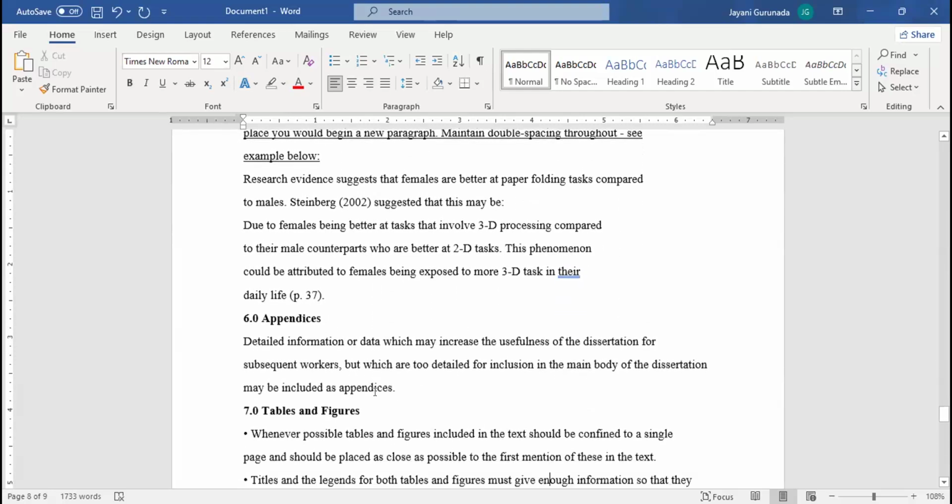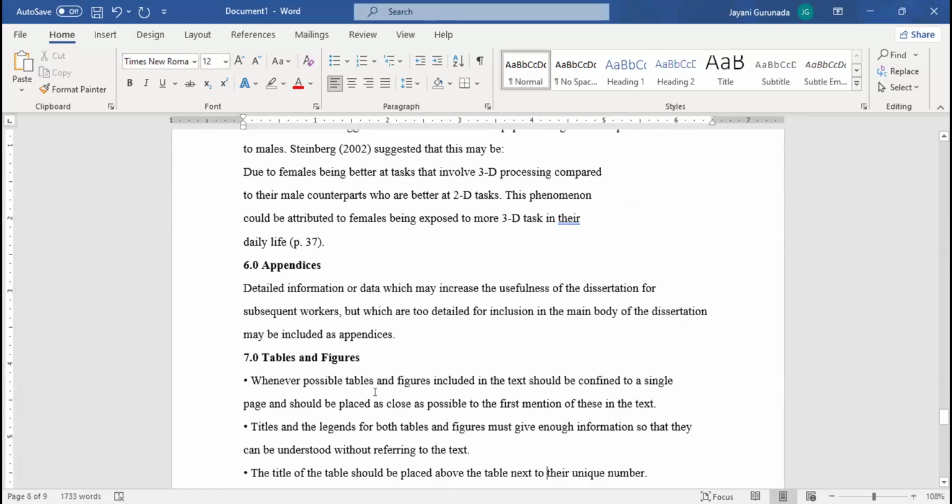Right, then appendices. Appendices means that you have to use questionnaire, then interview schedules, if you have given some papers, or if you are adding some corrected versions or corrected papers or whatever it is, they are called appendices.